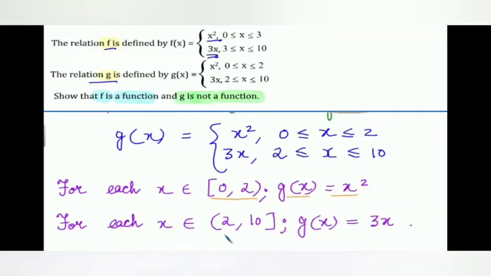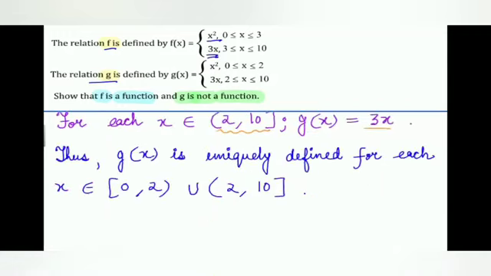And for each x belonging to 2 to 10, your function g of x is equal to 3x. Thus, g of x is uniquely defined for each x belonging to 0 to 2 union 2 to 10.